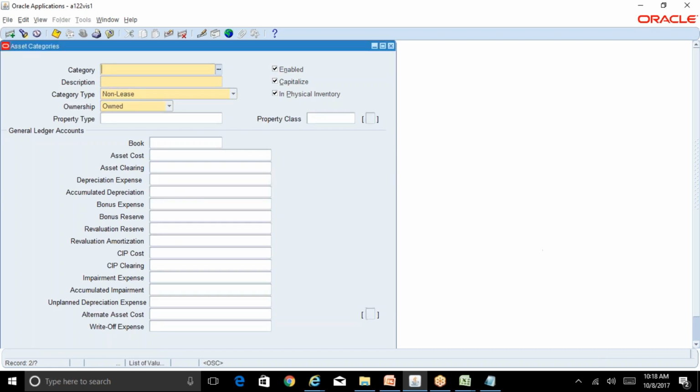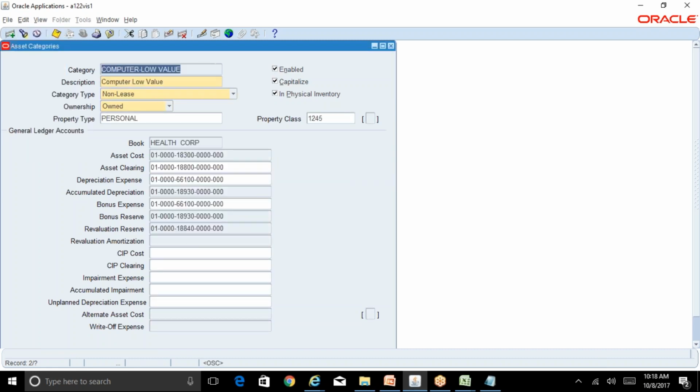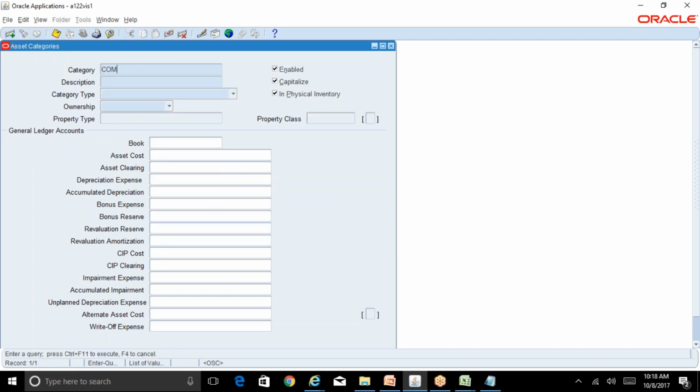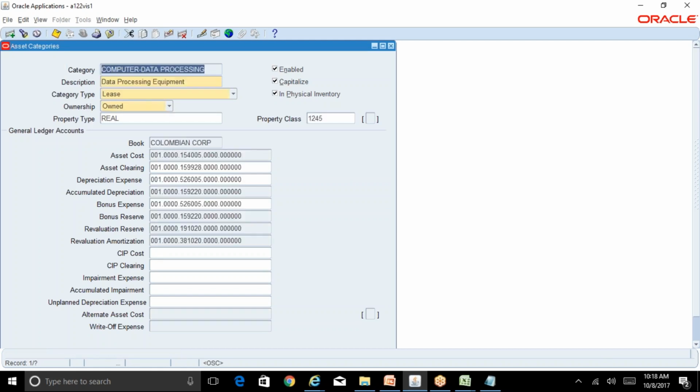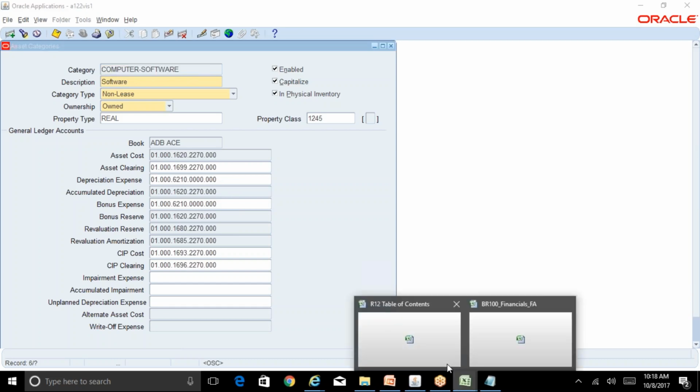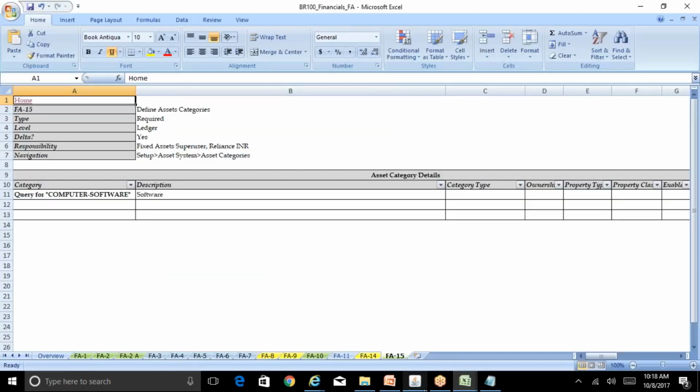For a category, in our current example, we want to take an example of, say, computer software. Control F11.